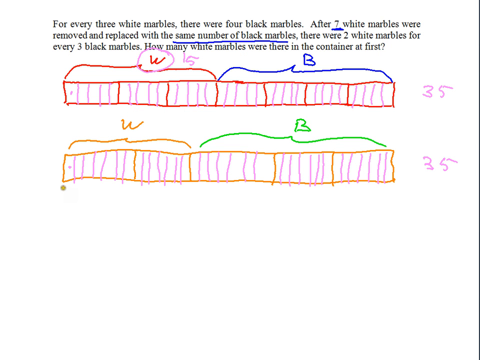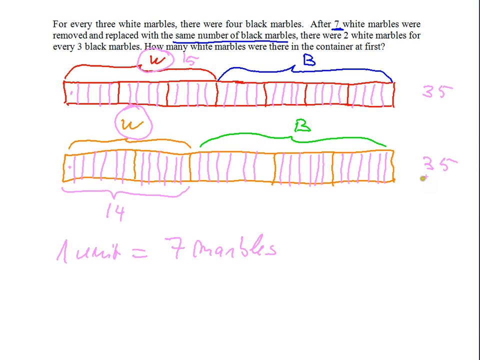And this one represents 2 times 7, 14 pink units. So the difference between above and below, between the number of parts here and the number of parts here, is exactly 1 pink unit. 1 unit is equal to 7 marbles.